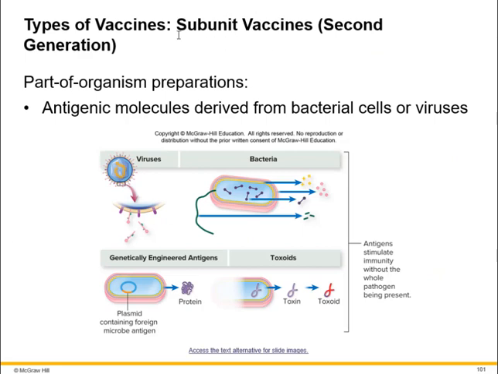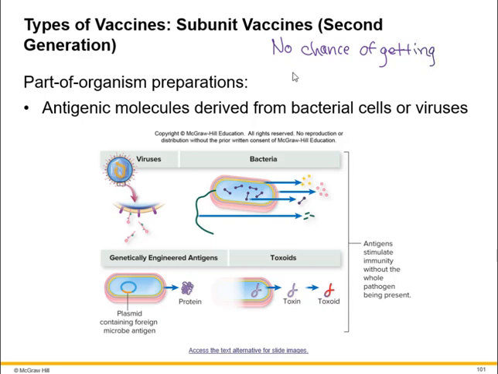So the subunit or second generation vaccines, you are getting a piece of the bacteria or the virus. And so the benefit of this is that there is no chance of getting the disease. No chance whatsoever of getting the disease, because you're not even given the whole organism.